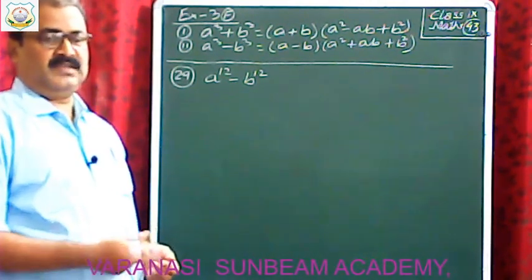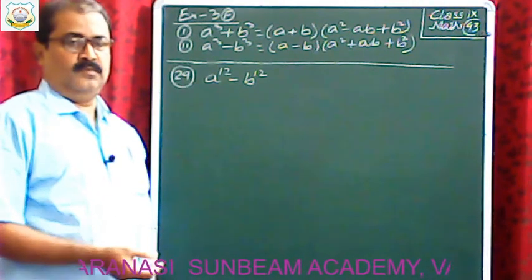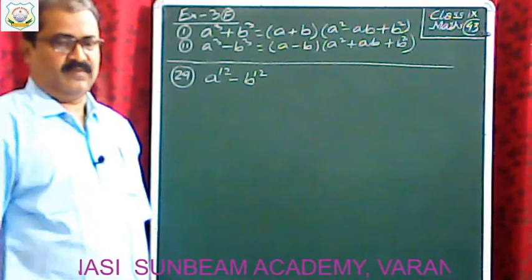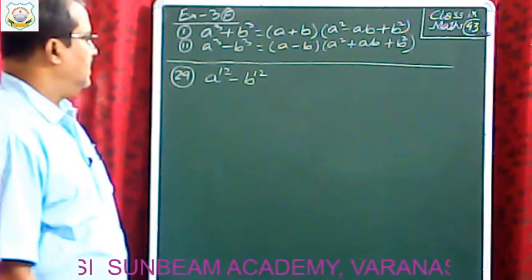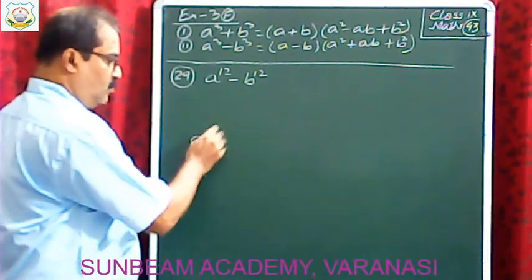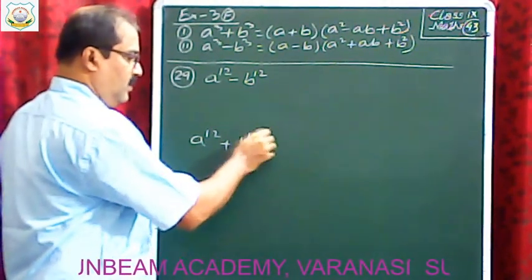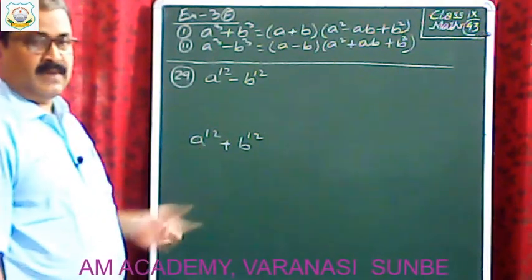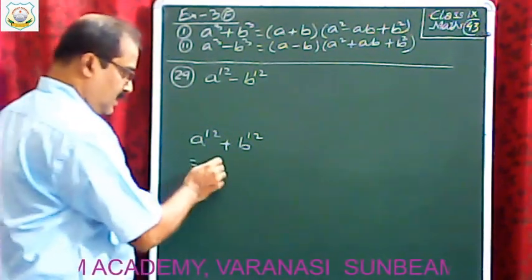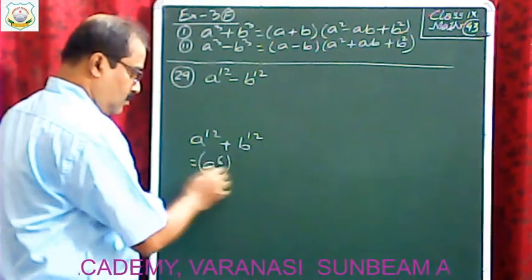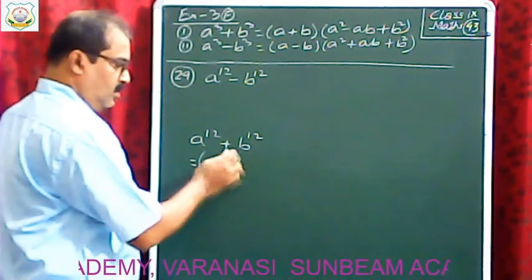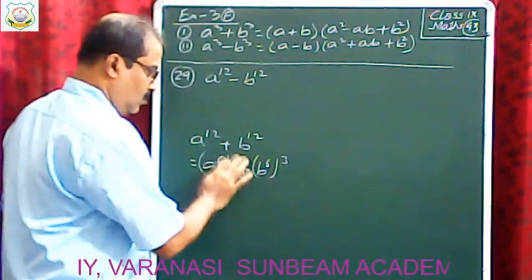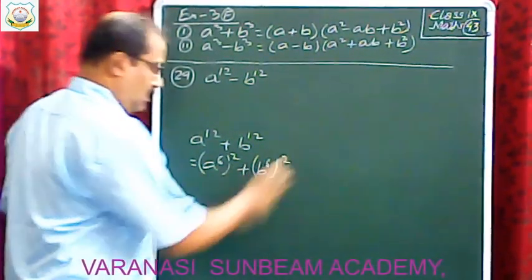If not, then you have to express as a cube plus b cube or a cube minus b cube, whatever. Clear? Suppose a to the power 12 plus b to the power 12 is given, then you cannot express this as a square minus b square.